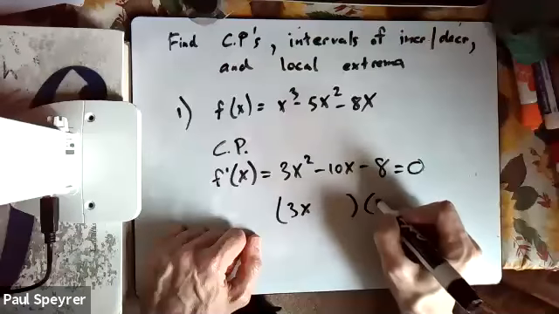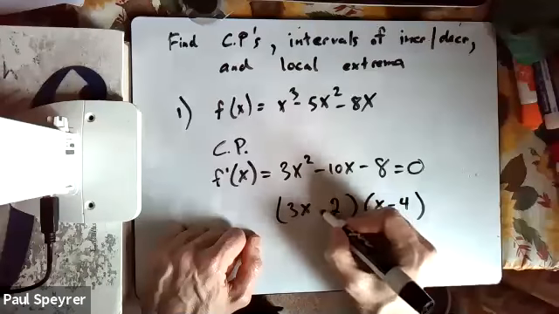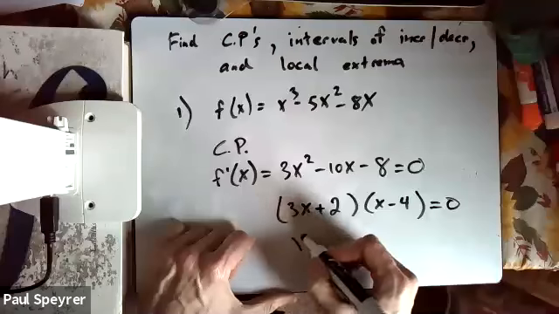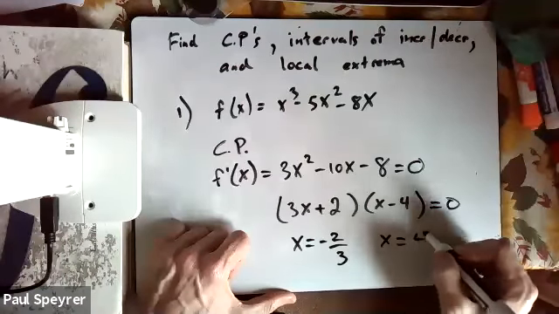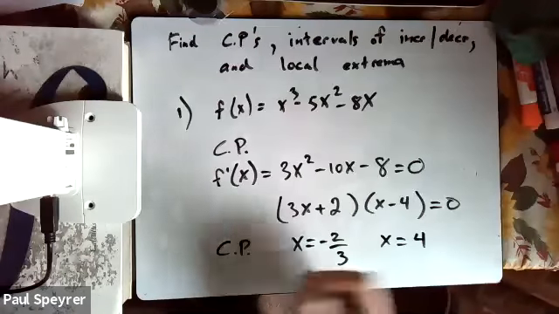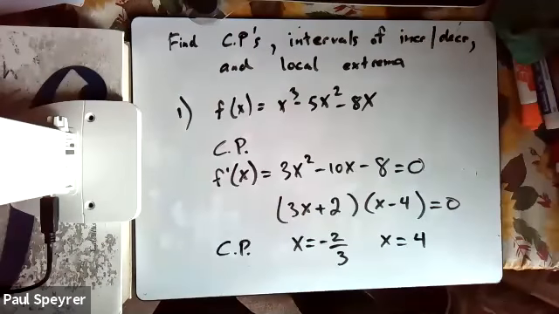You can factor it. All right. So now we have x equals negative 2/3 and x equals 4. Okay, so these are our critical points, right? So we're done with the first part right there.